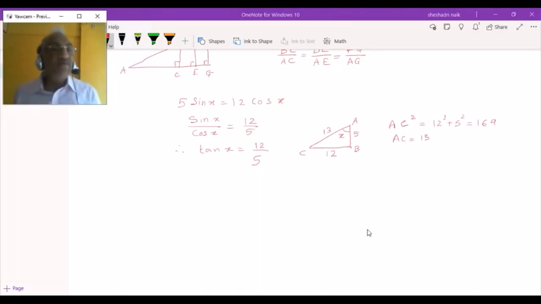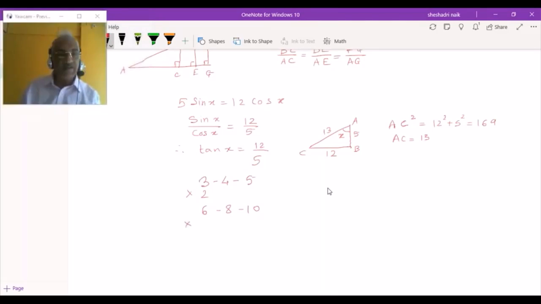And also remember that multiples of these are also Pythagorean triplets. For example, we know that 3, 4, 5 is a Pythagorean triplet. If I multiply each by 2, 6, 8, 10 will also be a Pythagorean triplet.